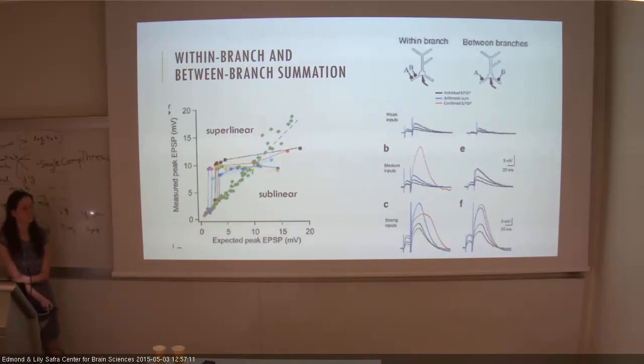Is there anything about the relationship between the distance of where you stimulate and whether or not you get a spike at the soma? Not between the stimulations, but if you're really far away from the soma, and even if you get a spike in the dendrite, will you also get a spike in the soma? What they did here is most of the time they use small stimulations.